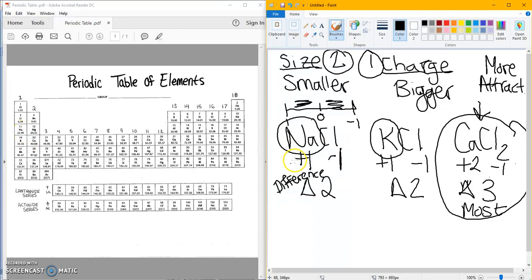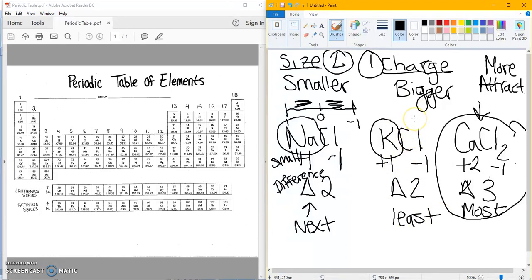Since sodium is higher up on the periodic table, that means that sodium is smaller, correct? So if sodium is the smaller one, and smaller means more attraction, that means that sodium chloride is the next attractive, and potassium chloride is the least attractive.